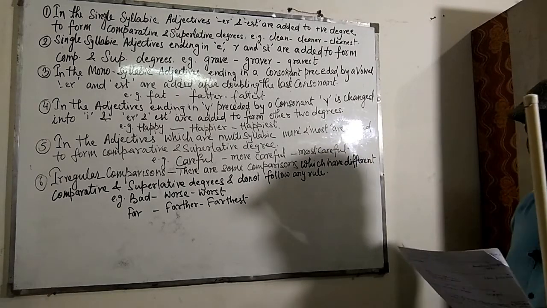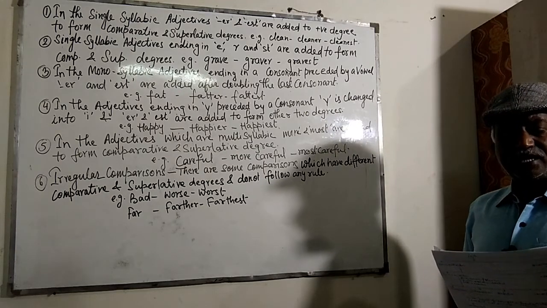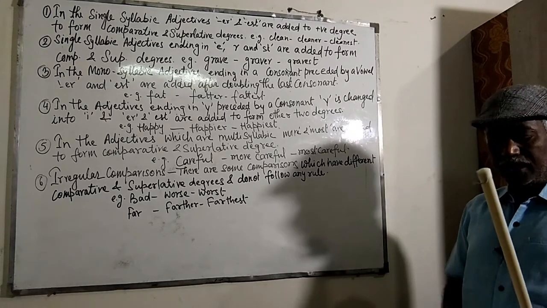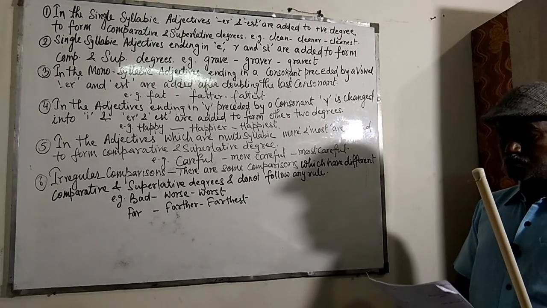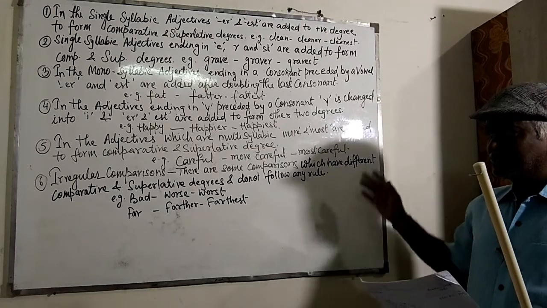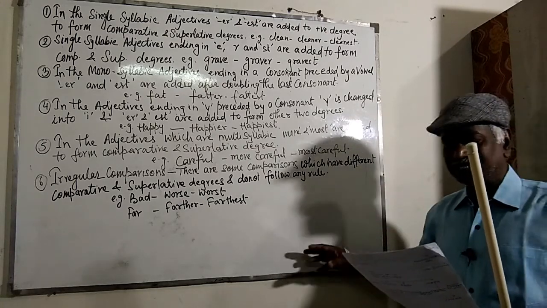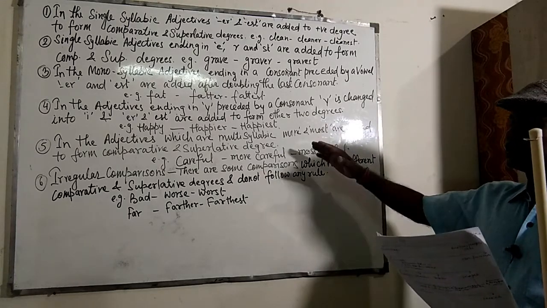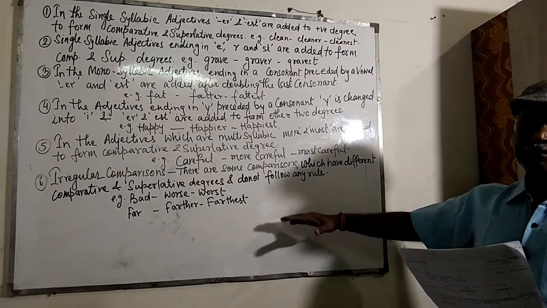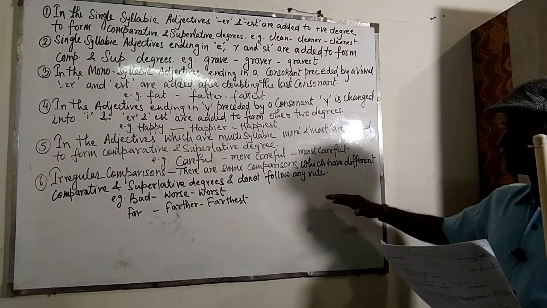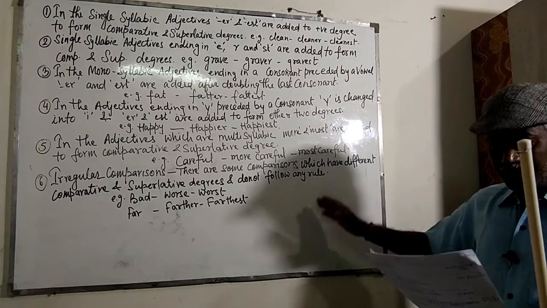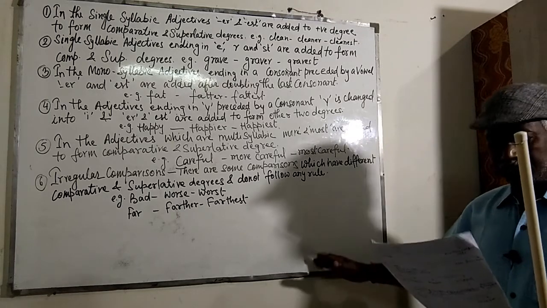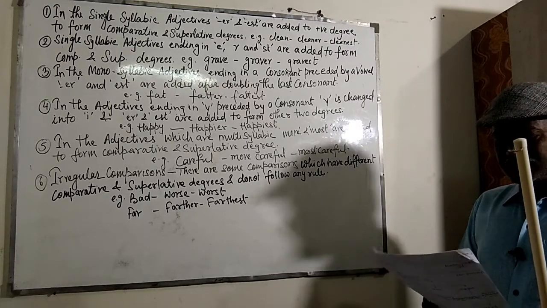Next, the five foreign adjectives commonly used are junior, senior, superior, inferior, prior. These are always followed by to and not by than. Just now I said that than is used after the comparative degree, but here in some cases to is added after the comparative degree.